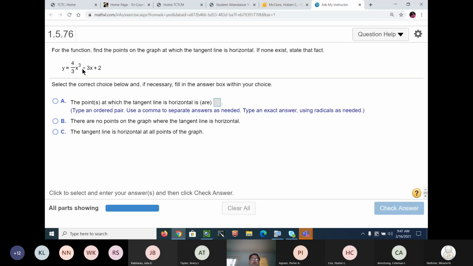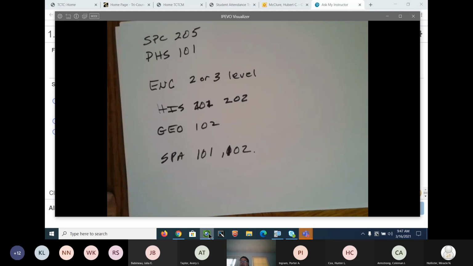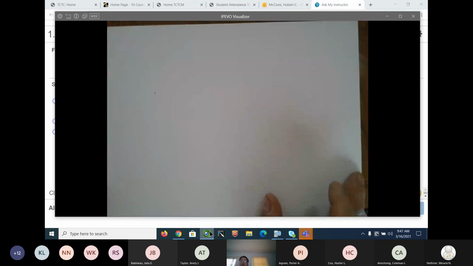You know it looks like what? What does the third power look like? Look at your family of graphs, and that's not a rhetorical question. I'm asking y'all to interact with me. What does a cubic function look like?